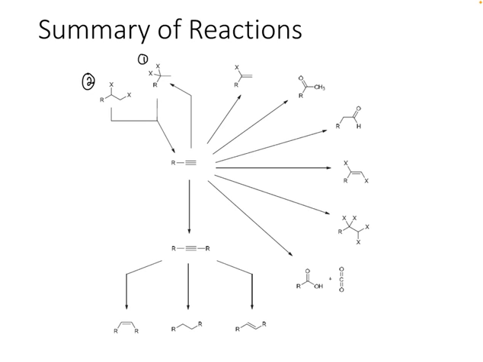So you'll notice that we have an arrow going from the starting alkyne up to the geminal dihalide. So how would we make that geminal dihalide?